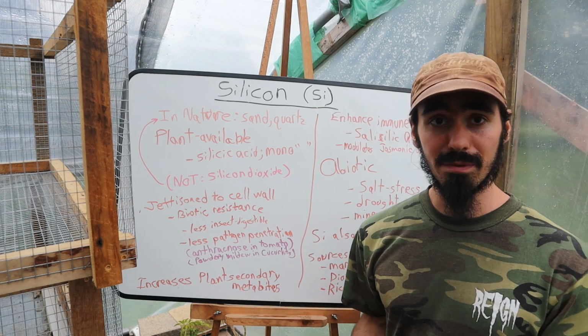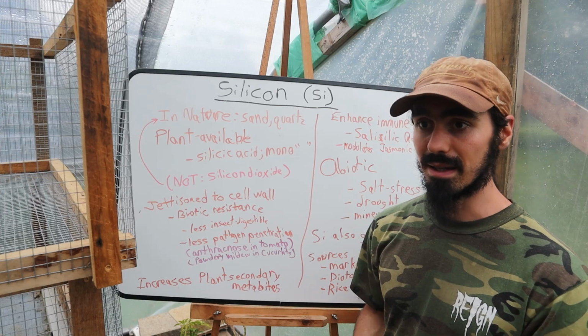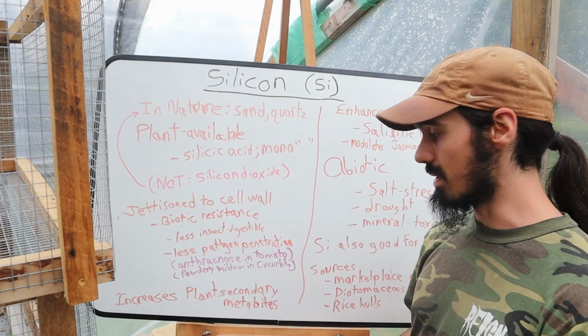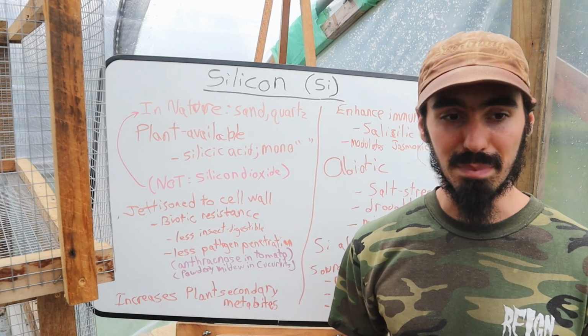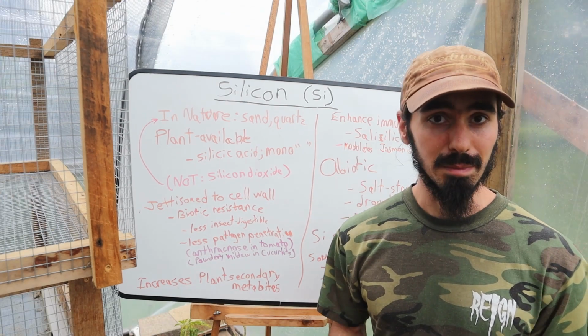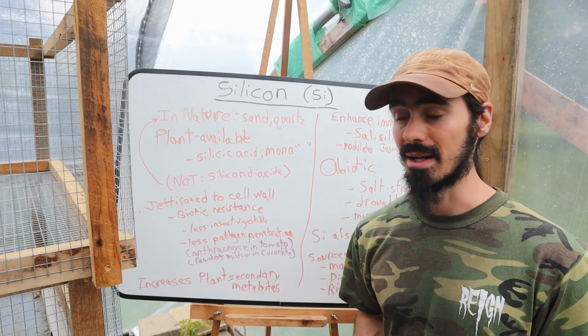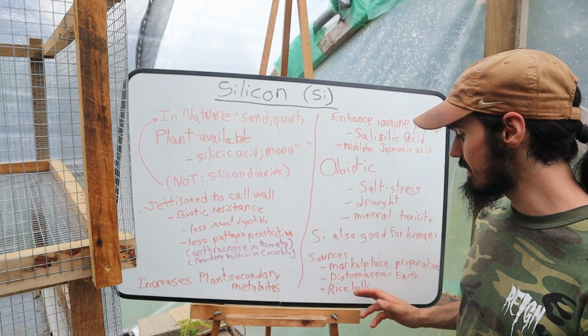So there are some different sources we may be able to get silicon in for our plants. The effectiveness of these may vary widely, may not be fully established, but as we continue to move forward, hopefully we'll be able to get some more clarity on that, right? But these are some rudimentary ideas here.